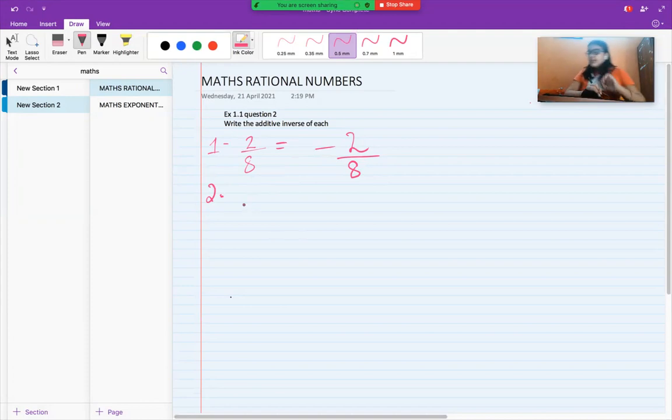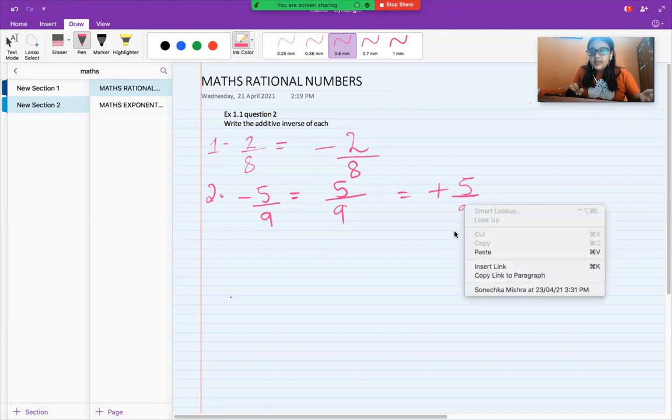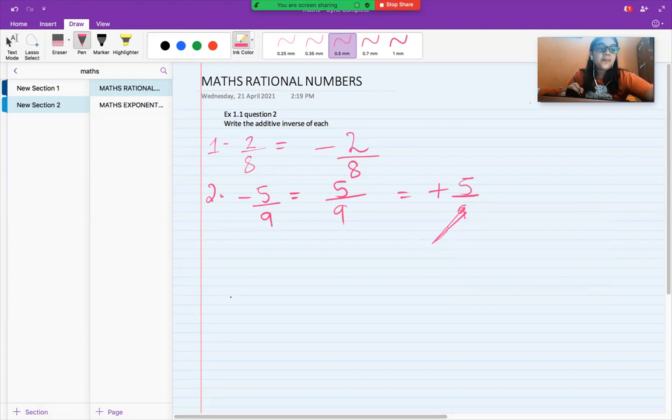The second part is minus 5 by 9, which will be equal to 5 by 9. The same rule will be applied, that the minus becomes plus.